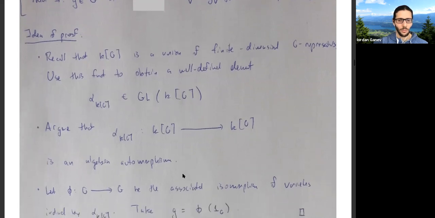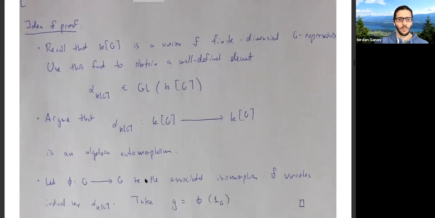And because it's an algebra automorphism, there's an associated isomorphism of varieties from G to G. This isomorphism will not be a group homomorphism. It's just some automorphism of G as a variety. And you can just take this little g to be the image of the identity element under this automorphism, and then that'll satisfy all the properties.